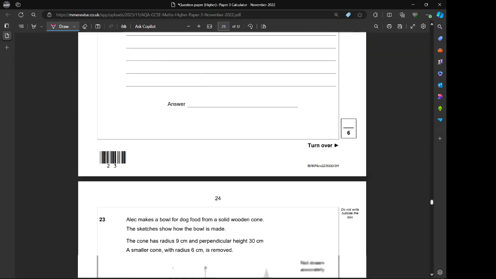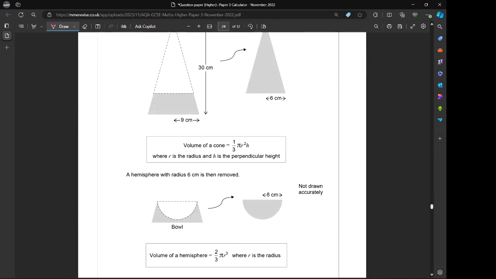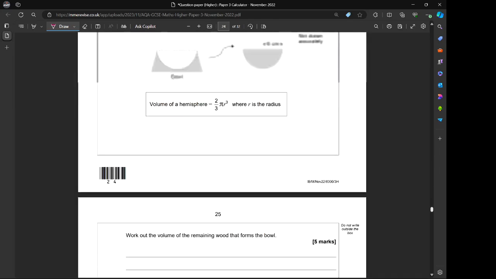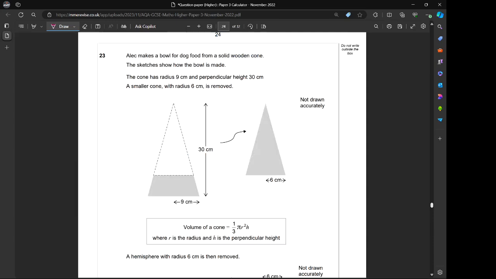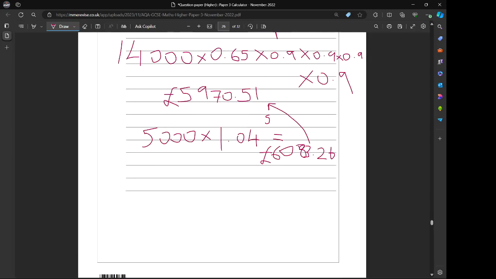And then I missed out a trickier hemisphere problem. Sorry, the answer for the painting was £6,083 and 26 pence.